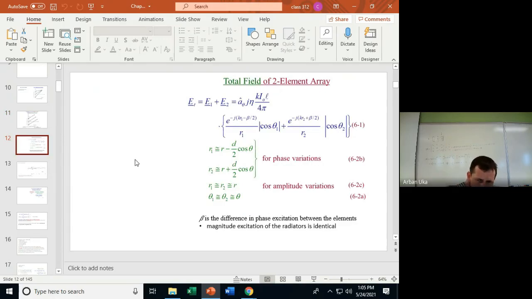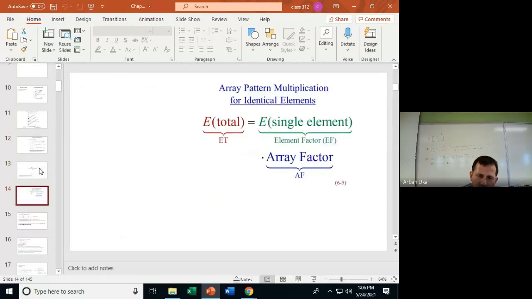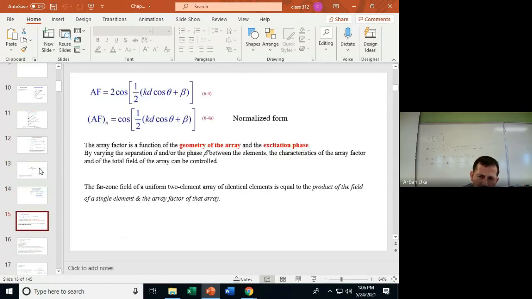The center of the system can be at a distance of r, and if we have two antennas, we have r plus d over 2 cosine theta and r minus d over 2 cosine theta. This is how we can add the field vectors.